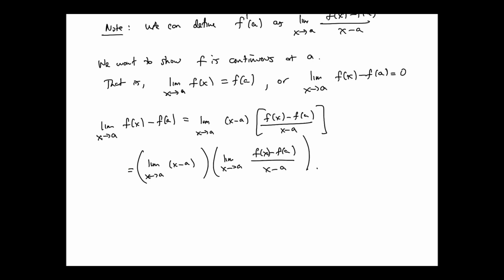Well, what's this first limit? As x goes to a, what does x minus a go to? 0. That definitely exists. Okay, so the first limit is 0. What is the second limit? Does it exist?